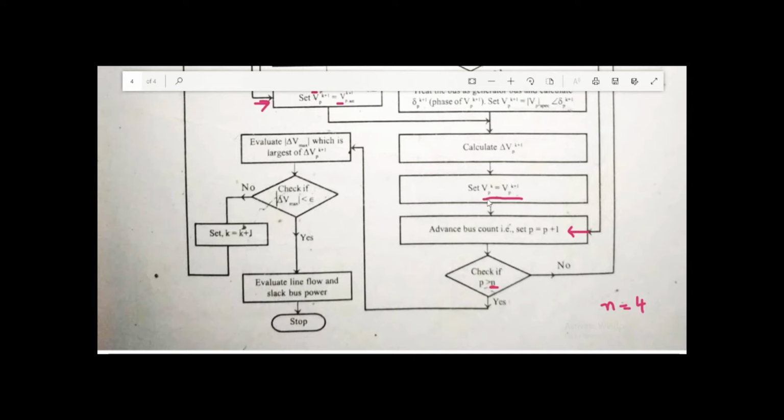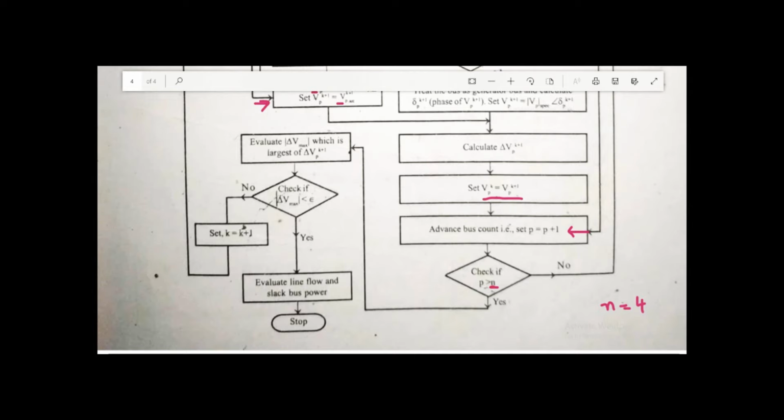Then after that, what should you do? You should increase your bus count because your analysis of the second bus is now over. Now you are going to increase the bus count: P is equal to P plus 1. Now it is equal to 3. Is 3 greater than 4?